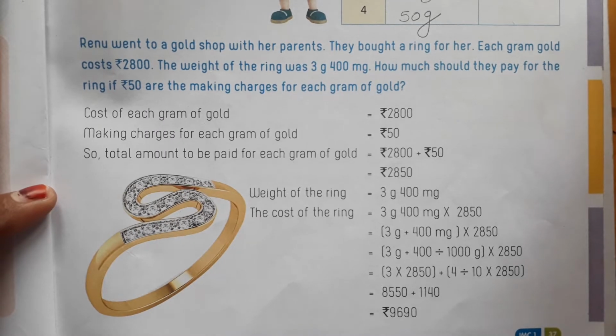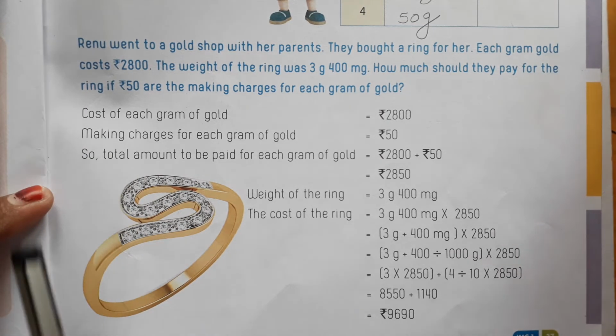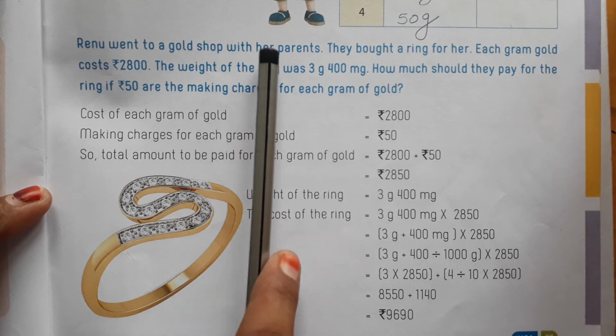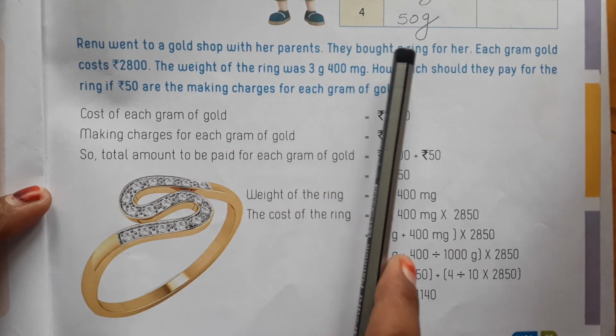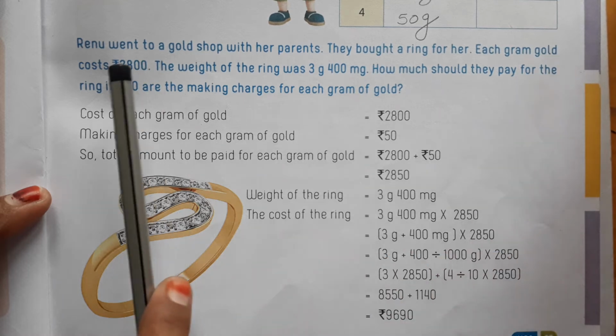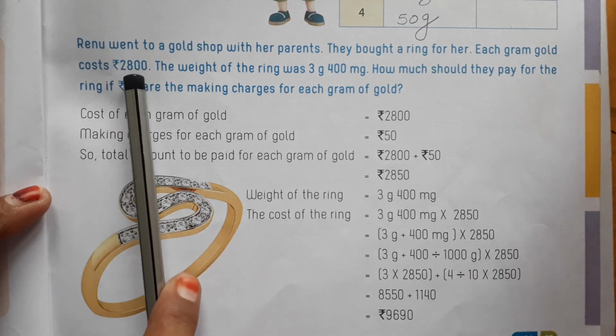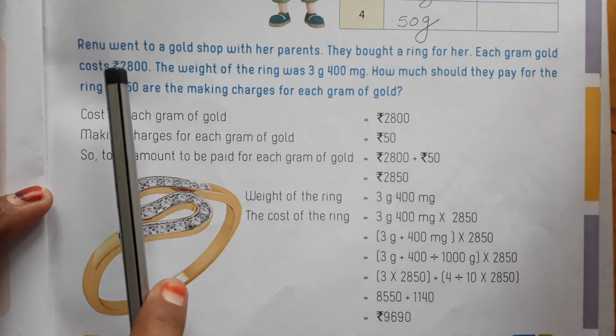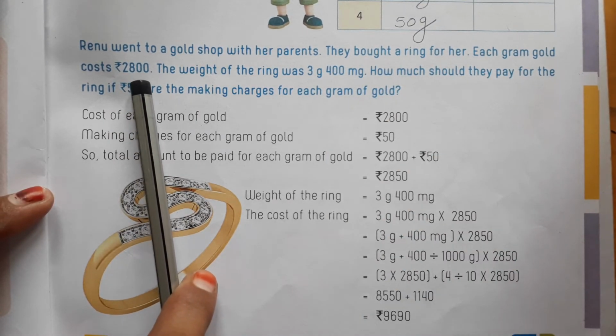And here is a word problem, children. Let us read. Renu went to a gold shop with her parents. They bought a ring for her. Each gram of gold costs 2800 rupees. So 1 gram of gold costs how much? 2800 rupees.